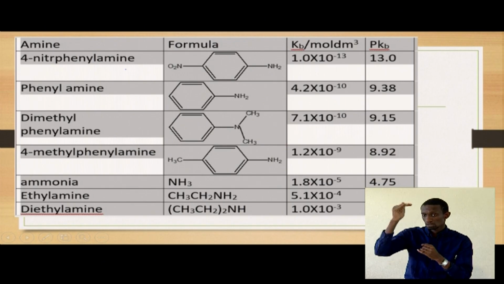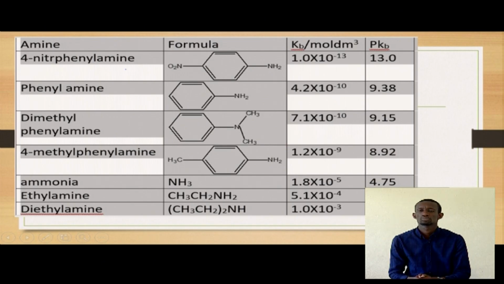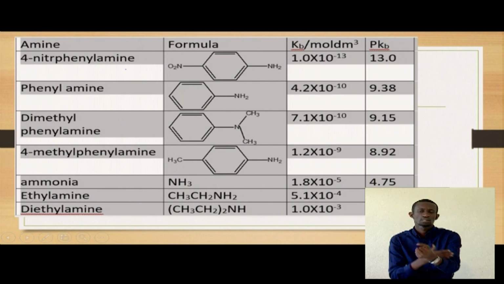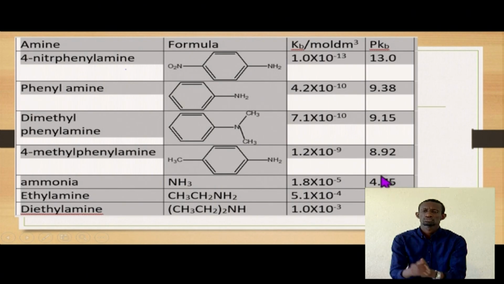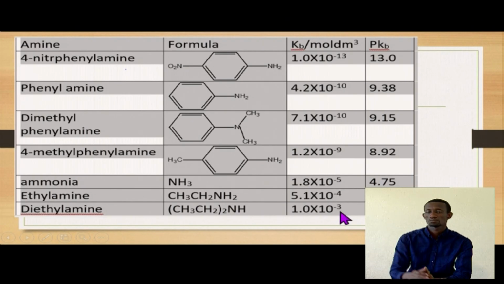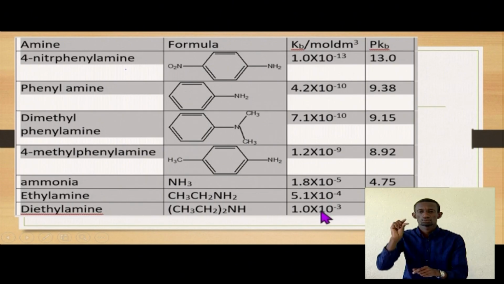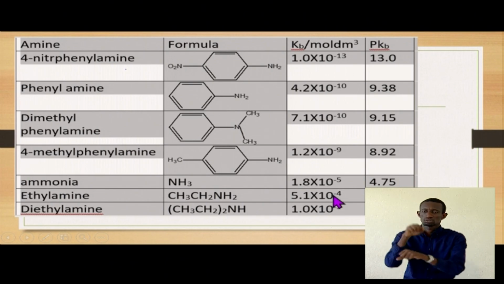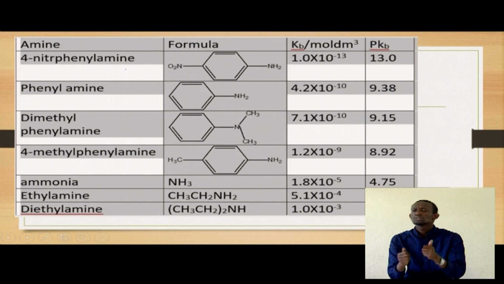So you'll find that this one, ethylamine, is stronger than all of this. In terms of the Kb, this one is smaller, this is bigger than this, so this one is stronger than this one. Diethylamine is stronger than ethylamine, which is stronger than ammonia.